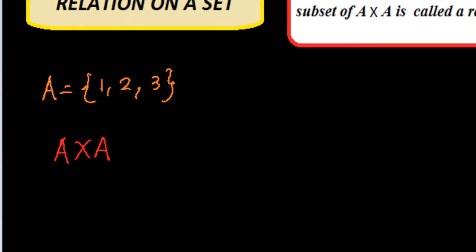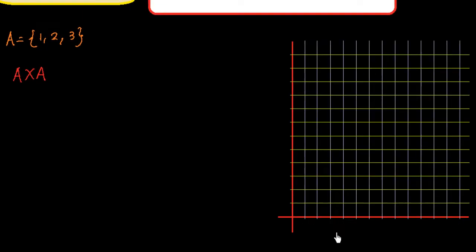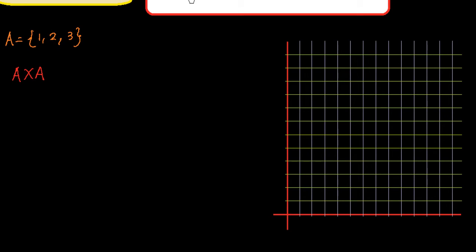So what we will do here, we will put A along both axes. First I show you my graph. This is our x-axis, this is our y-axis, and this is our origin. I plot the integers along the x-axis: 1, 2, 3, 4, 5, 6, and so on. Here also on the y-axis: 1, 2, 3, 4, 5, 6, and so on.